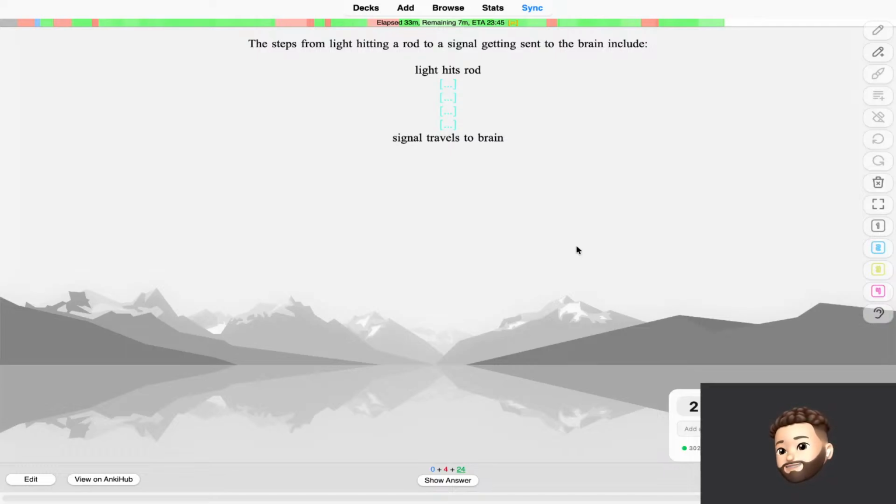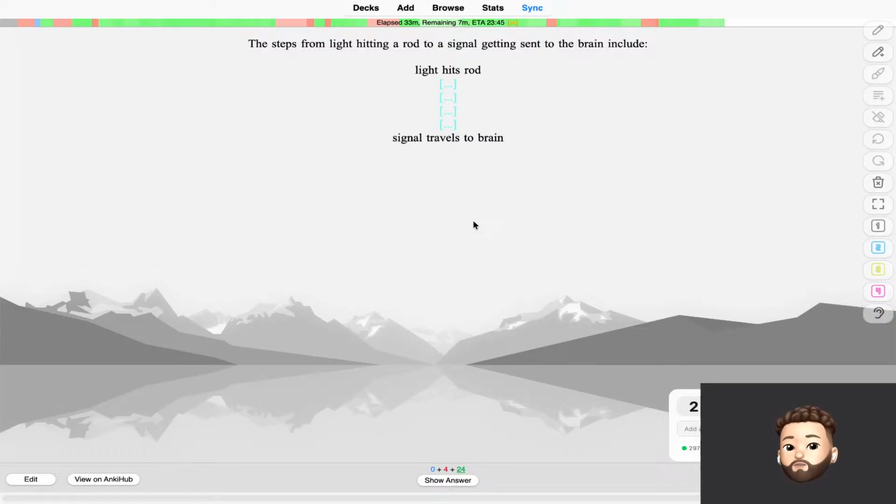The steps from light hitting a rod to a signal getting sent to the brain include, okay, so the light's gonna hit the rod.